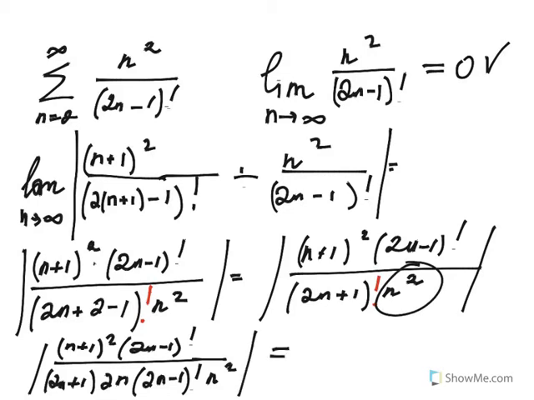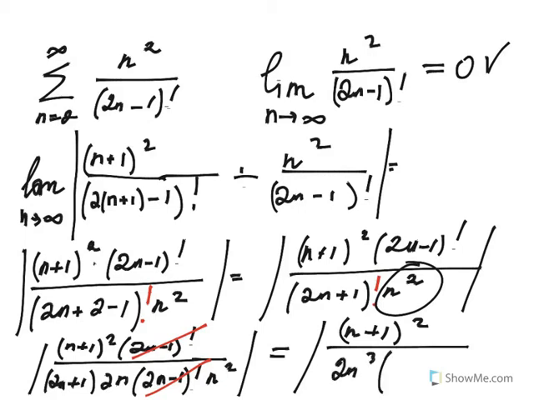Okay, so let's see. We can cross out these guys, and we end up with n plus 1 squared on the top, and on the bottom we have 2n times n squared, which is 2n cubed, and 2n plus 1.